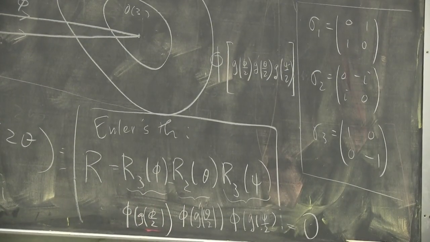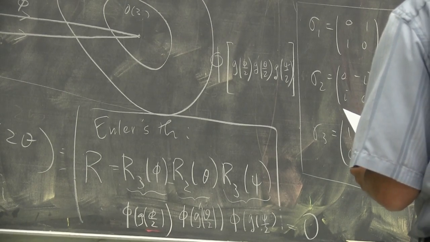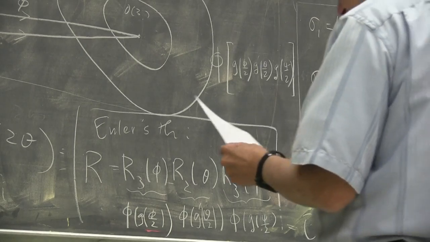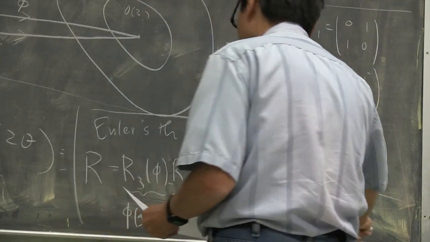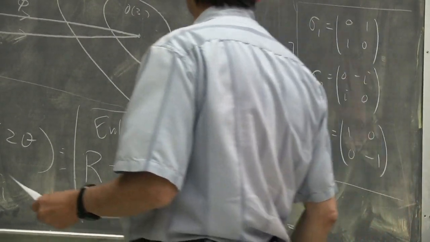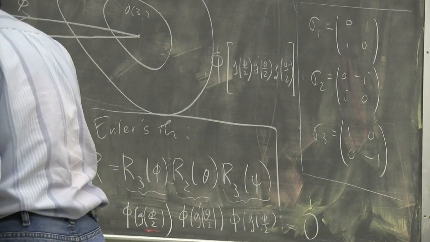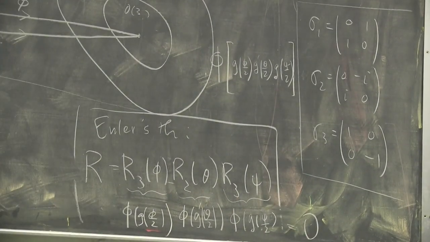And all we have to do is to look at a very simple 2 by 2 SL2C matrix. So let me now take out some space in here.